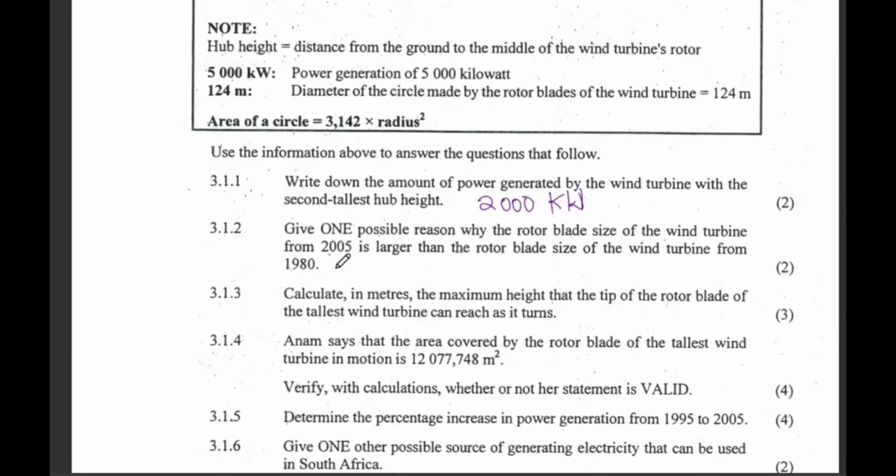Now here we can see the increase in power consumption has caused the development of the wind turbines. In 1980 little power was needed, but now we need more power. So the turbines have to cover a wider range and produce more power.